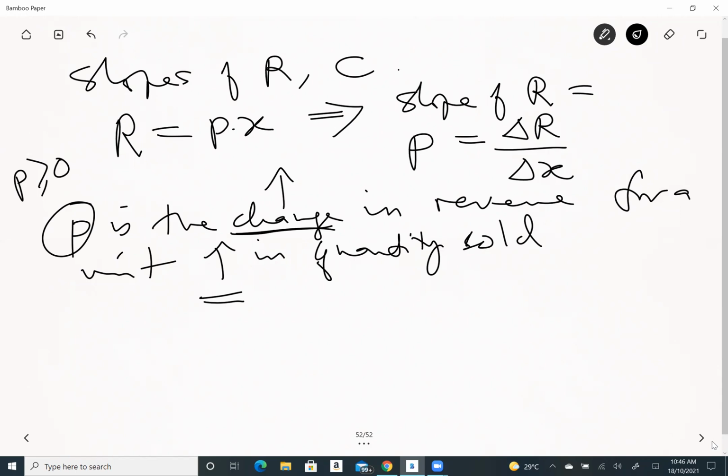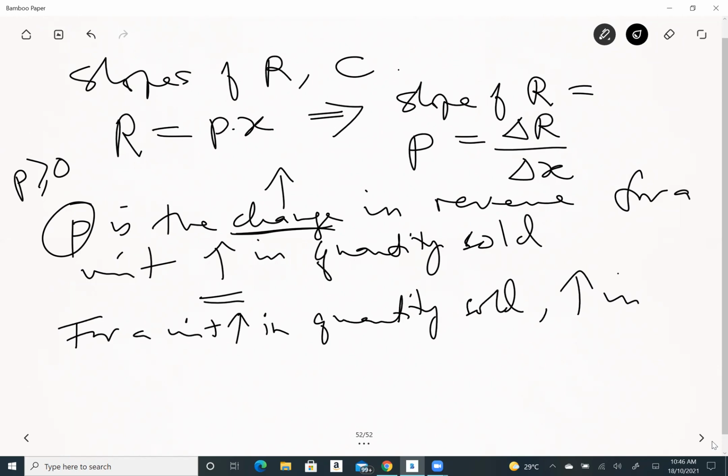So the price is the increase in revenue for a unit increase in quantity sold. Or we can say, for a unit increase in quantity sold, revenue increases by how much?